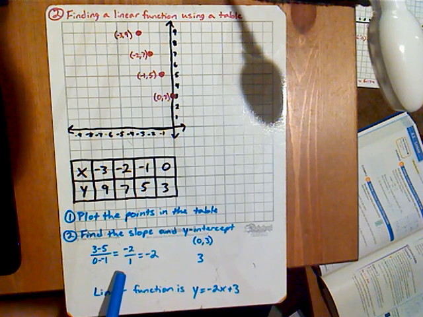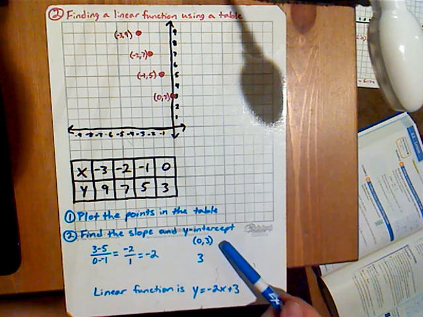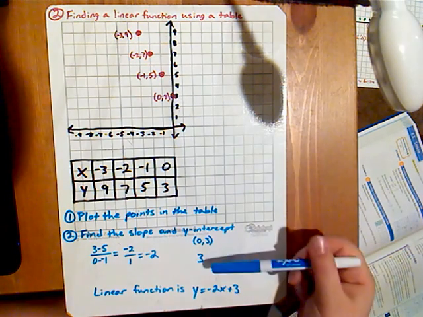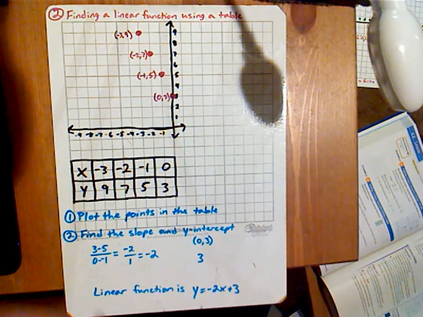We have -2 over 1, which gives us a slope of -2. Our y-intercept is at the point 0, 3, giving us a y-intercept of 3. And so our linear function is y equals -2x plus 3. And so that is finding a linear function using a table.